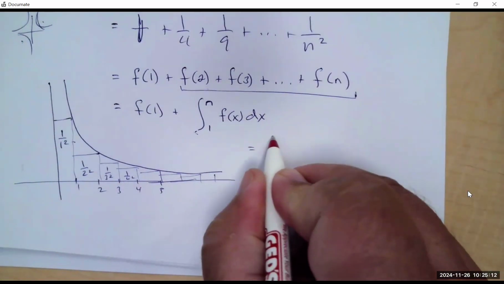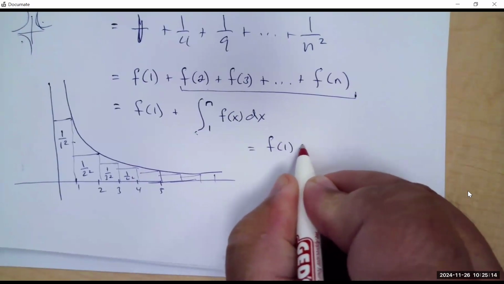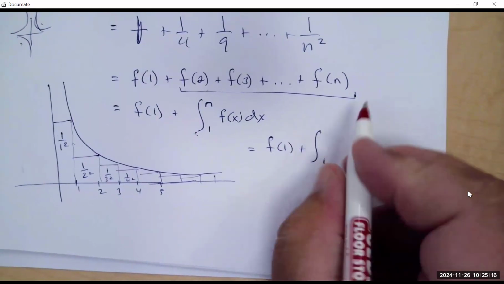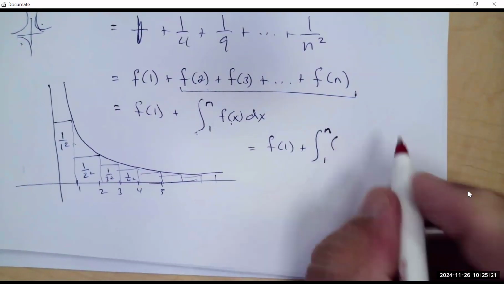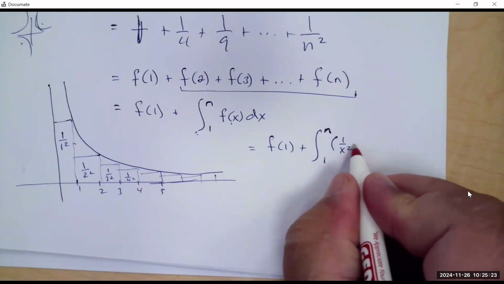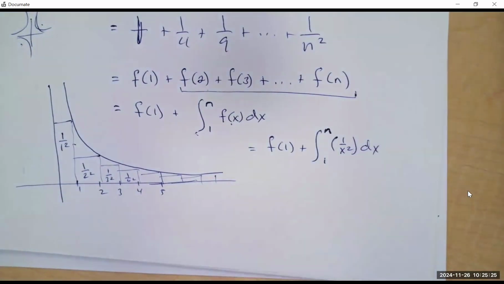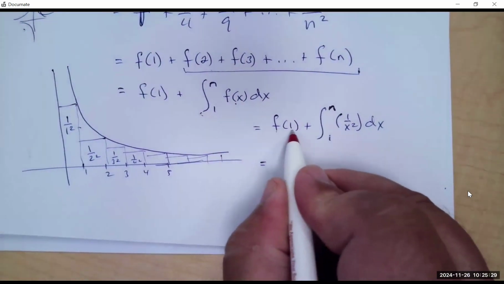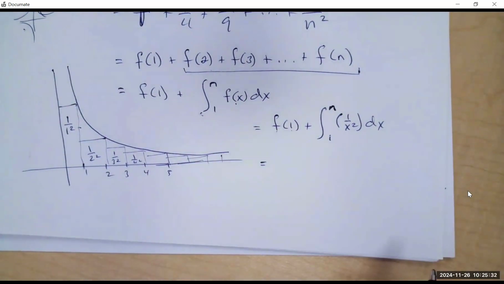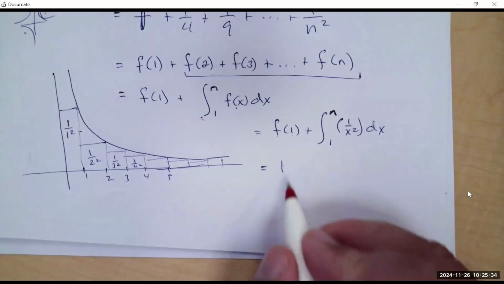So that is, we start off with the first one. 1 to n. Our function is 1 over x squared. What is f of 1? 1.